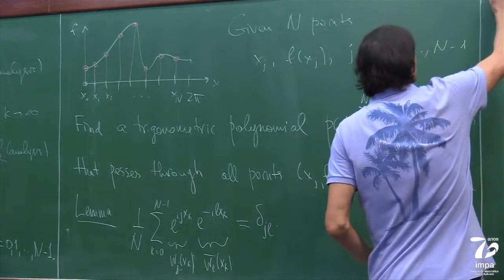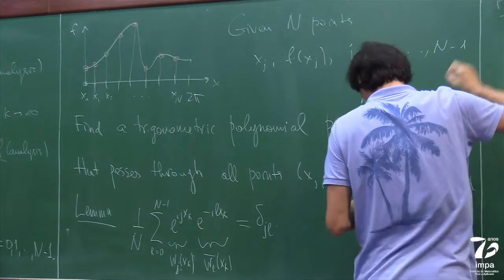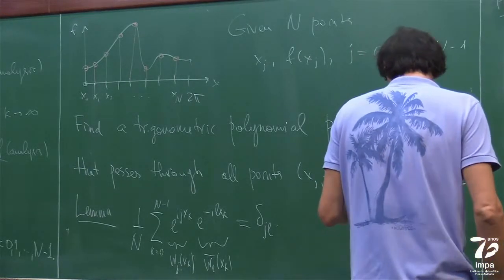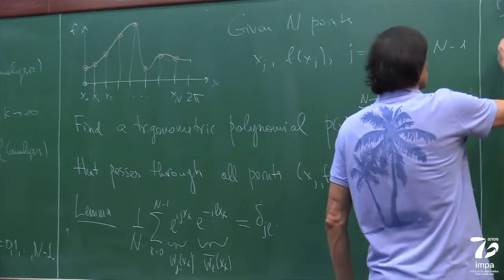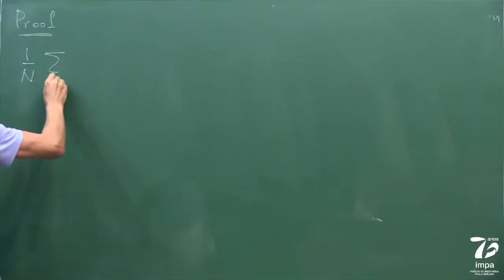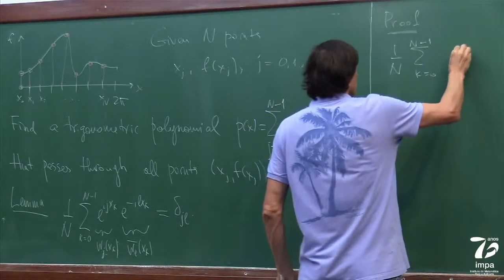That's quite nice. So the proof is simple. What you do is just compute this sum. You take this sum and just put the exponents together.